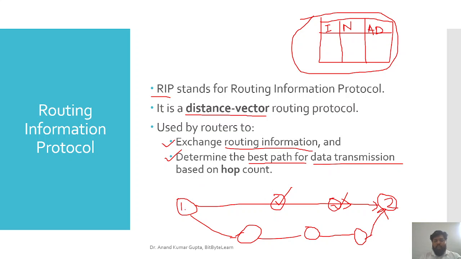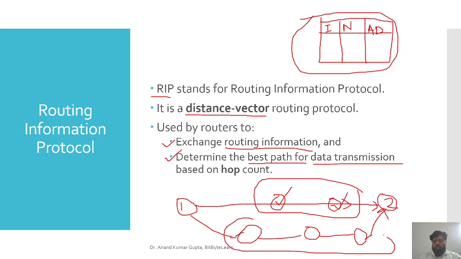So in this case, we have router 1 to router 2, or network 1 to network 2. In path 1, we have two routers, and in path 2, there are three hops or three networks. In that case, RIP will determine path 1 as the best path.